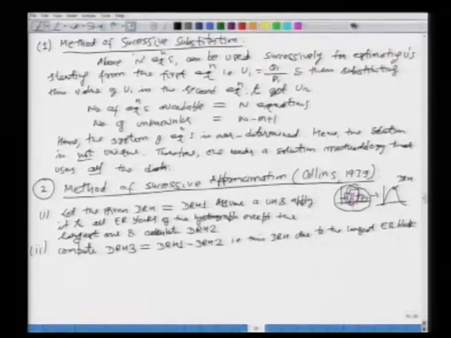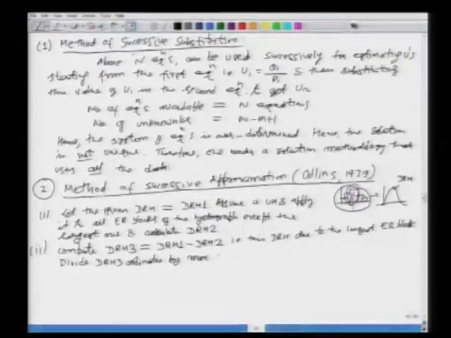Then what do you do? Then you divide the DRH 3 ordinates which you have just obtained by what? By the max ER block, that is this one.